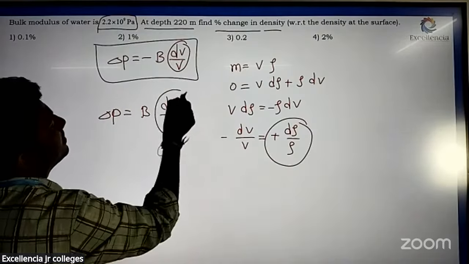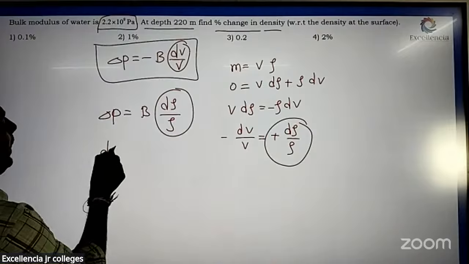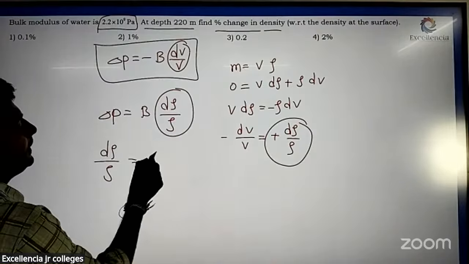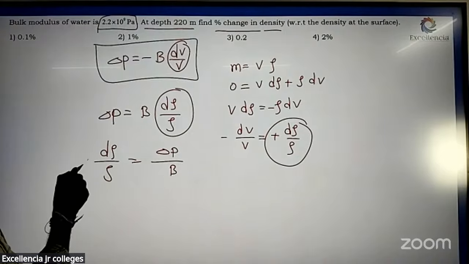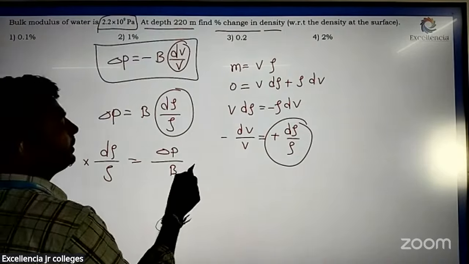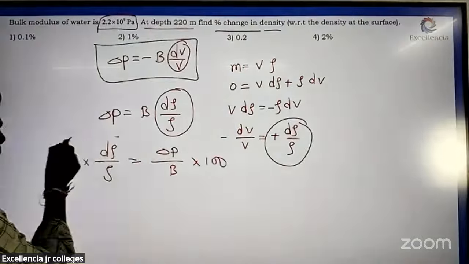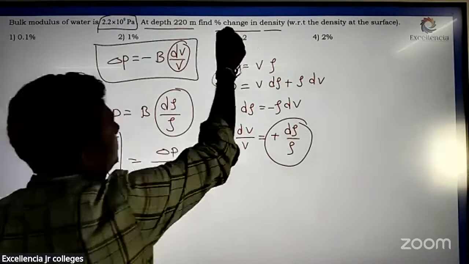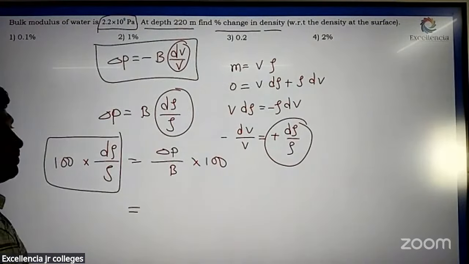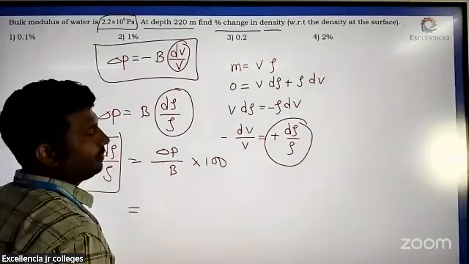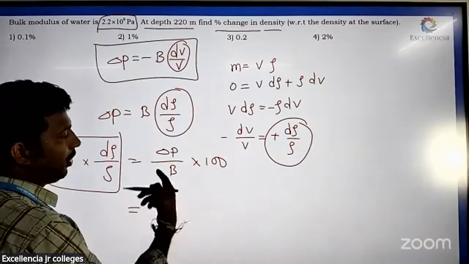So they are asking this. d rho by rho equal to delta P by B. But they are asking percentage, so we multiply with 100. So this quantity is the percentage change in density. Now delta P, the change in pressure with respect to the atmosphere, how much do we get?